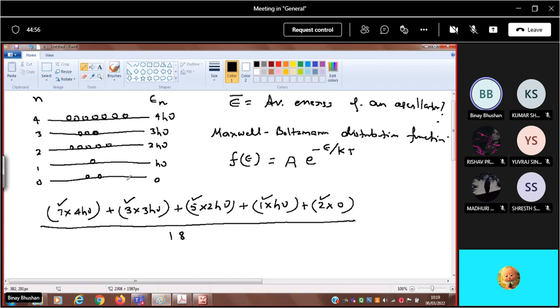So what was our problem? Our problem was how to find the number of oscillators in different energy levels, right?